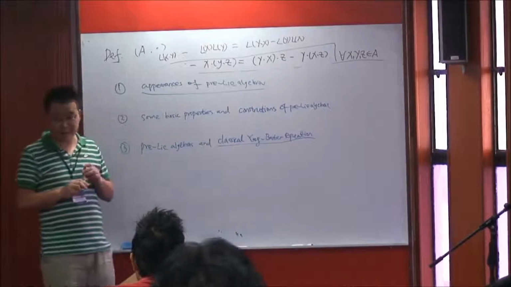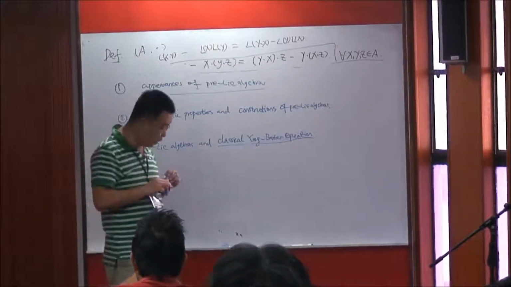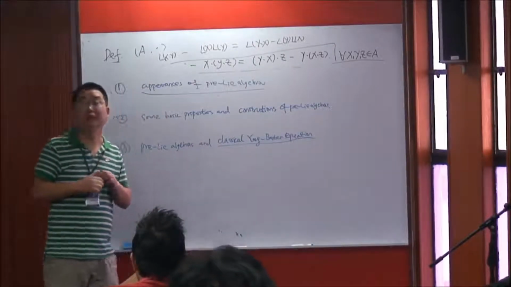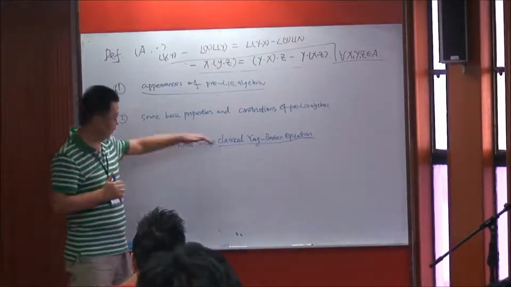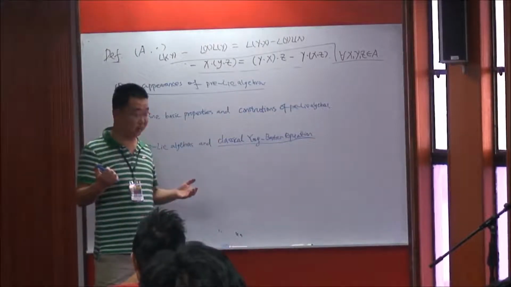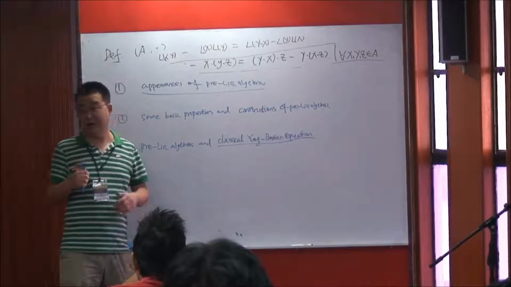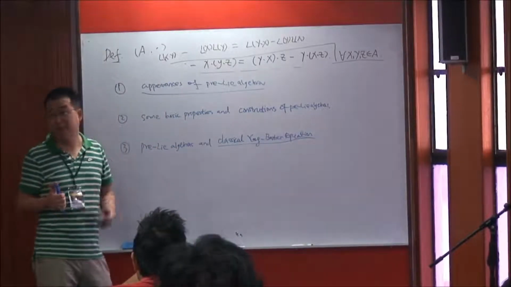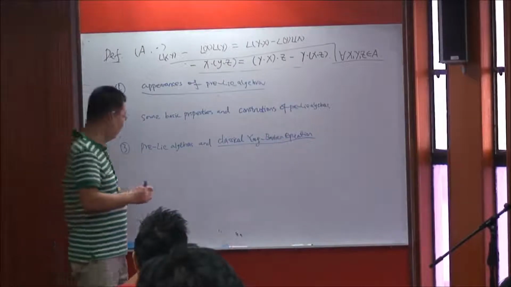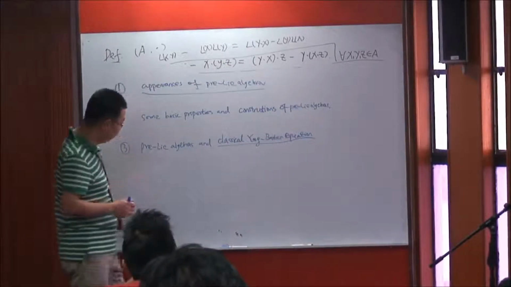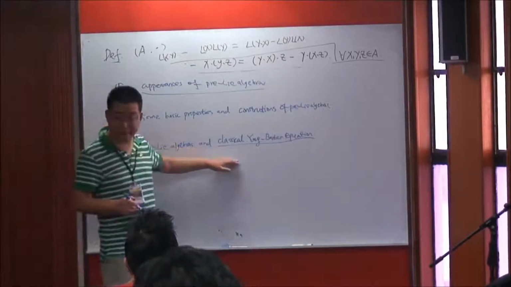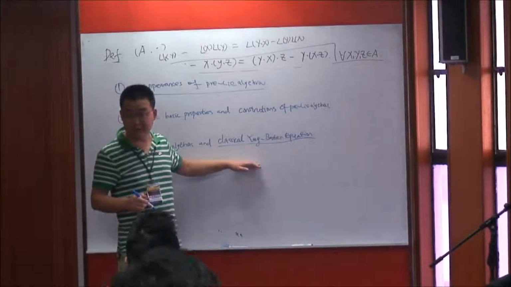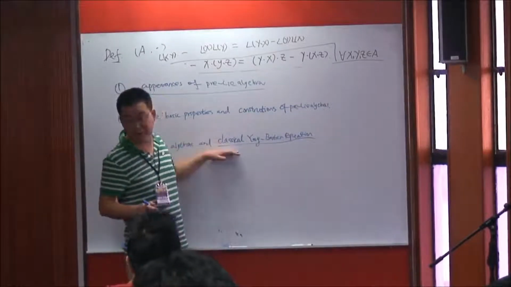I think this part should be related to the theme of this workshop. The classical equation will relate to the variables and they will be related to the composition. So the conclusion is that from the pre-Lie algebra we can give some construction of natural solutions to the classical equation.